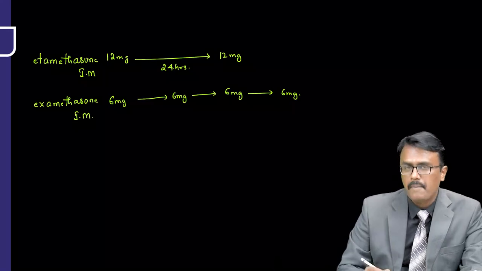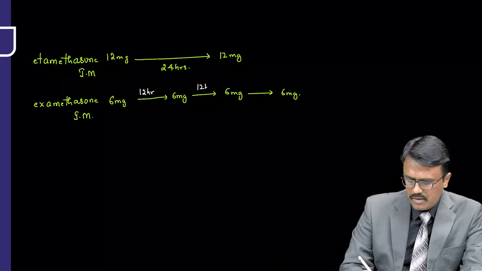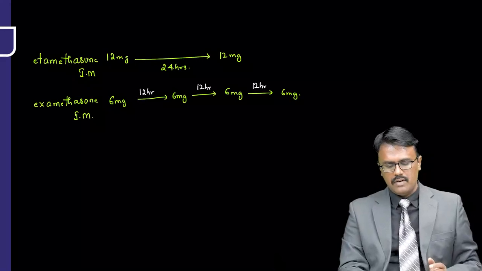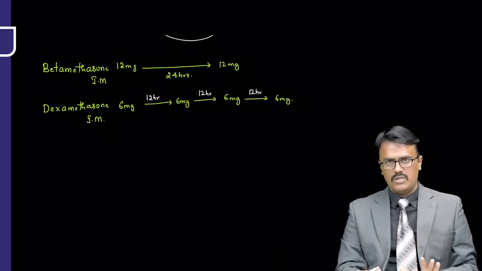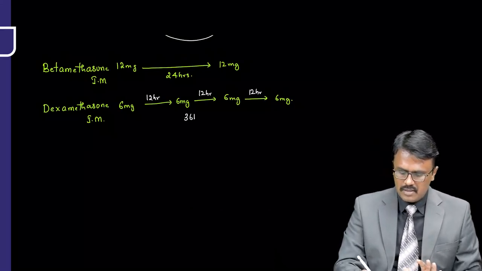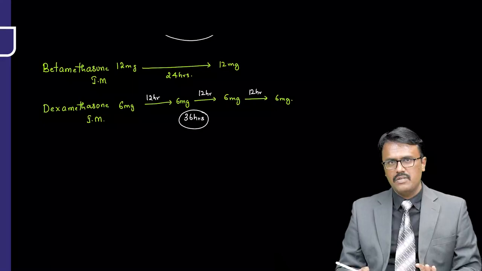So here the gap between the doses is 12 hours each. So totally dexamethasone is given as 4 doses, and the total duration to complete is 36 hours. Betamethasone takes 24 hours to complete this.